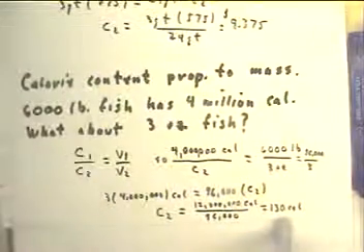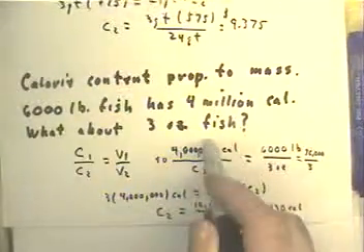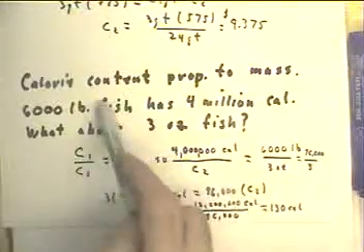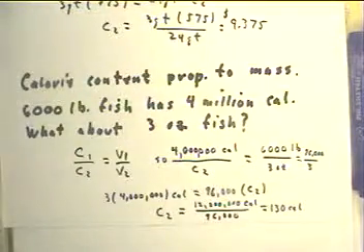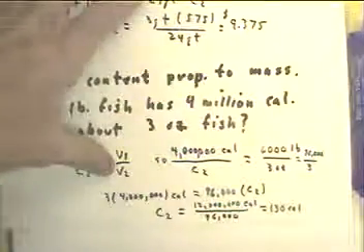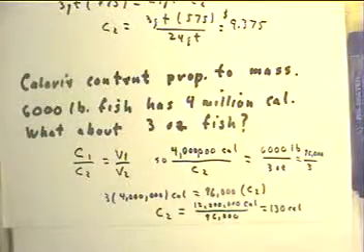But that will be the calorie content of that 3-ounce fish, provided it's similar in constitution to the 6,000-pound fish. So a couple more examples involving proportionality.